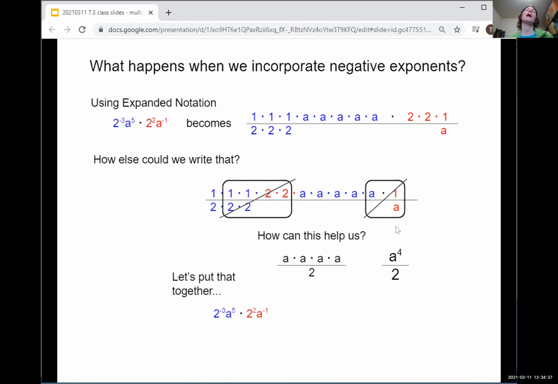So could we figure out what each power is by itself and then multiply, or does that mix it up? So I think you're asking, like, could we just evaluate the 2 to the -3rd and evaluate the 2 squared and then go from there instead of treating them as powers that are multiplying together? And you can do that when the base is a constant.